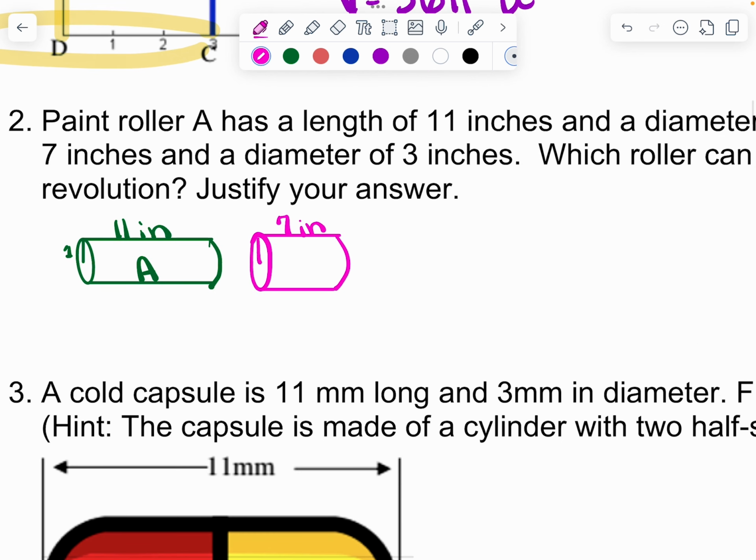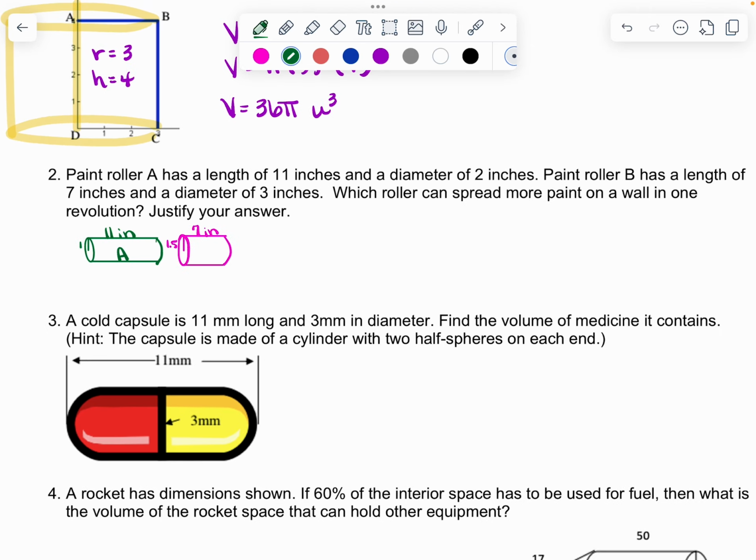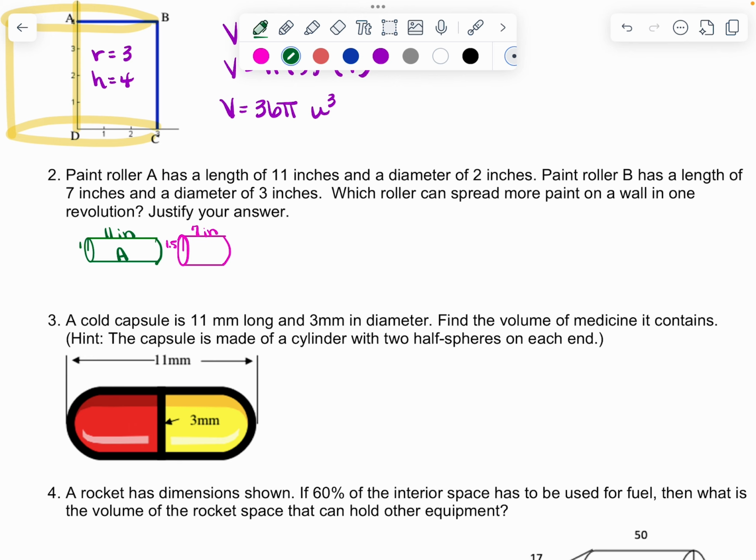I'm just going to curve this end. And it has a diameter of 3, so this would be a radius of 1.5. Again, you don't have to draw pictures. Oops, sorry, that doesn't really look like a 1. It looks like a 2, so I'm just going to put a little 1 right there. There we go.